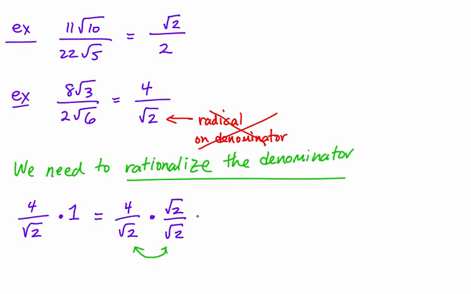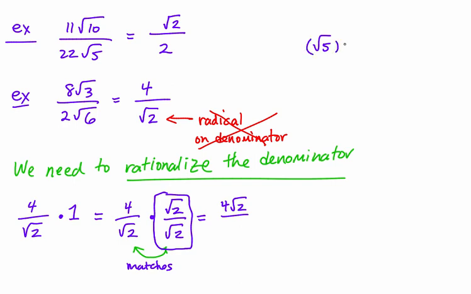And this rationalizing the denominator by choosing this form of 1 that matches the denominator's radical part, what that gives me when I multiply this is 4 times the square root of 2, and this becomes square root 2 times square root 2, and square root 2 times square root 2 is the square root of 4, which is just 2. And that always happens.